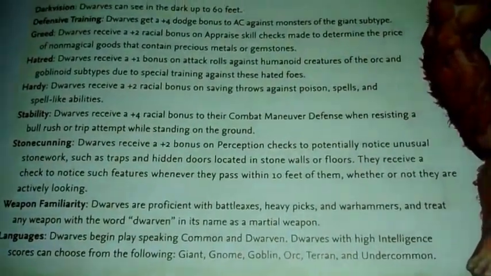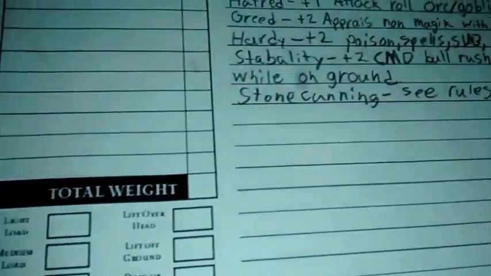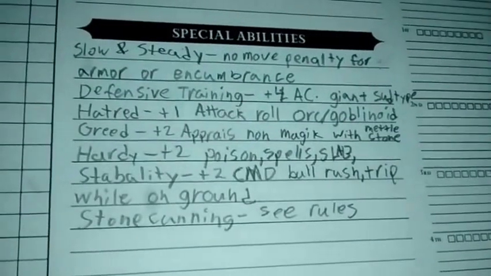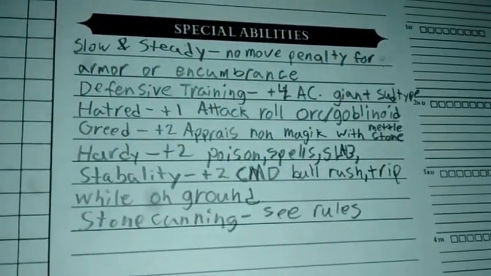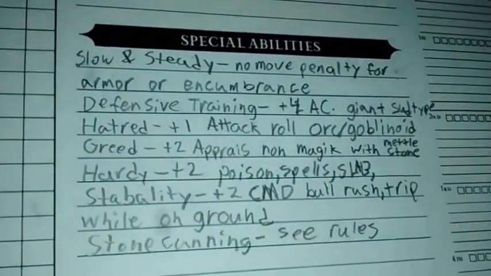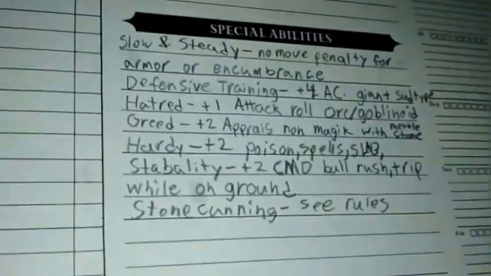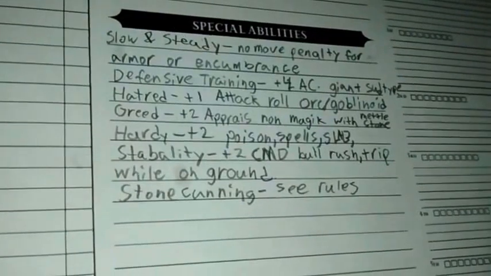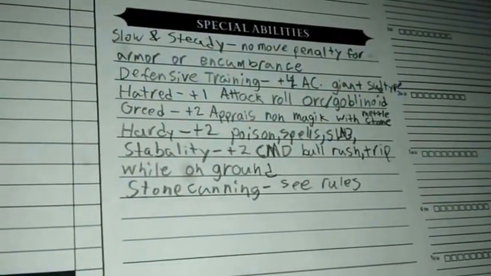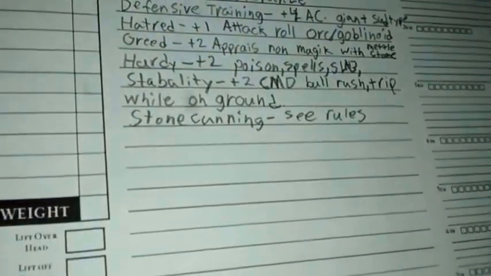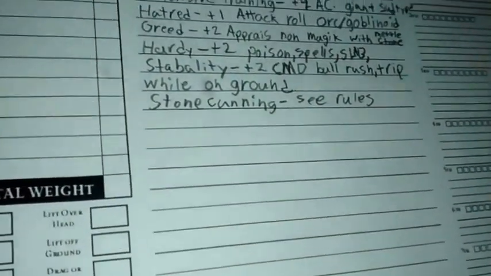On the second page of your Pathfinder character sheet, you'll find this area called Special Abilities. This is where you want to write these down. Now, when you're writing these down, if you're doing it on a PDF, you can write it word for word. But if you're doing it on paper, doing it word for word is going to take up the entire sheet very quickly.